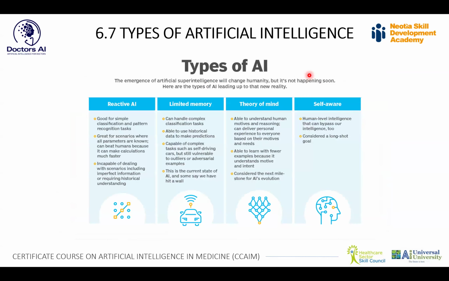There are various other types of AI. If you look at the different types, one is reactive AI, one is limited memory AI, one is theory of mind, able to understand human motives and reasoning, and one is self-aware.